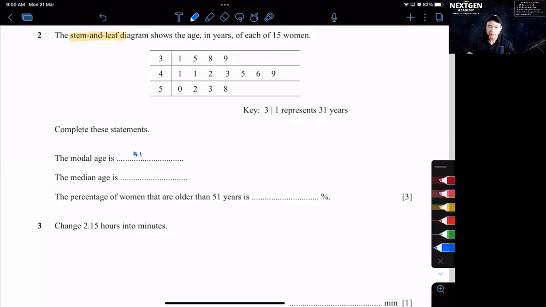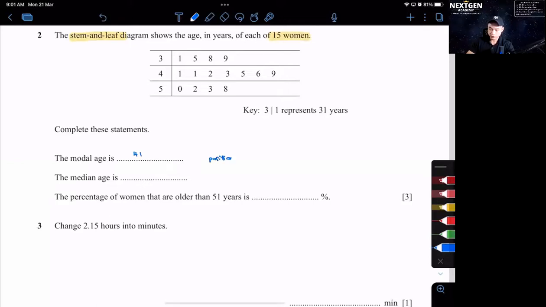Second one, the median age. The median is the number in the middle. There are 2 ways to go about it. You can either count one by one, then see which number meets at the middle. In this case, there are 15 women. If it's an odd total number, you should get a nice middle number. With 15 women, you get the 8th position. How do I know that? The formula is always to find the position first.